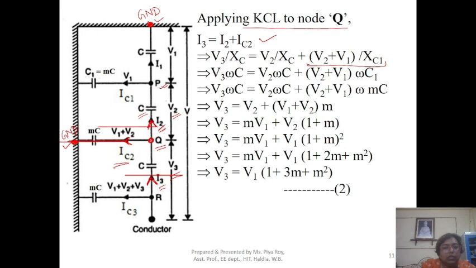So obviously from this Q to this ground, these are the same. So what is the voltage between this ground and this Q? V1 plus V2. So that's why we can write V2 plus V1, or V1 plus V2, and the corresponding reactance, from this Q to this ground, same now.